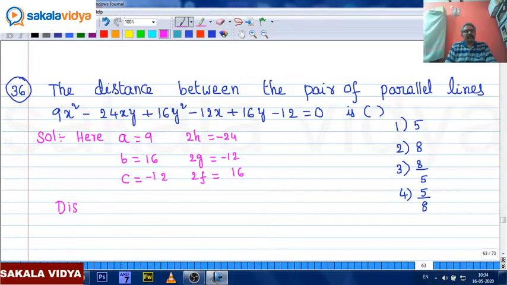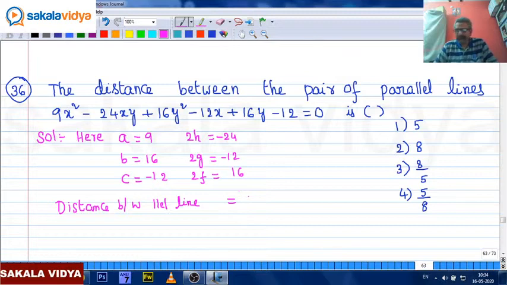Distance between pair of parallel lines. What is the formula? Anybody, what is the formula?